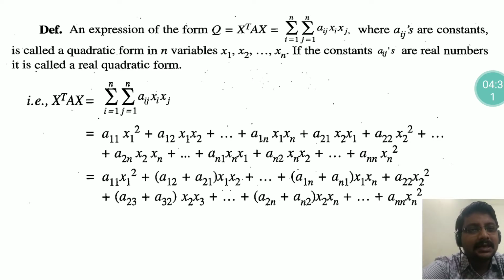So the summation can be split like this, putting i equal to 1 and j equal to 1, then i equal to 2, up to j equal to n, and so on.